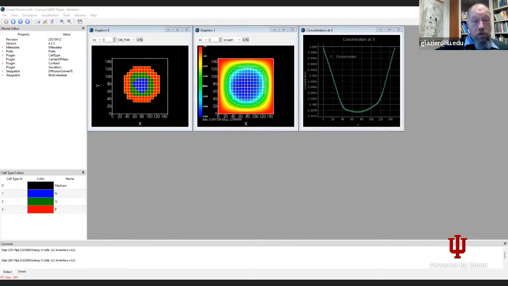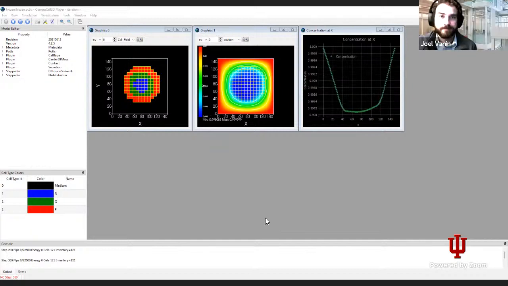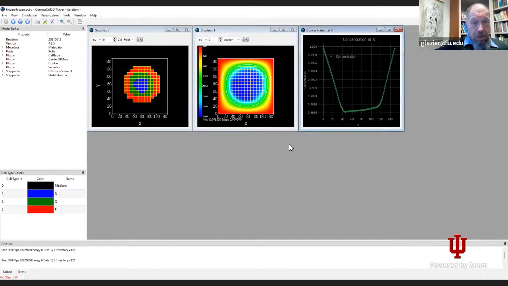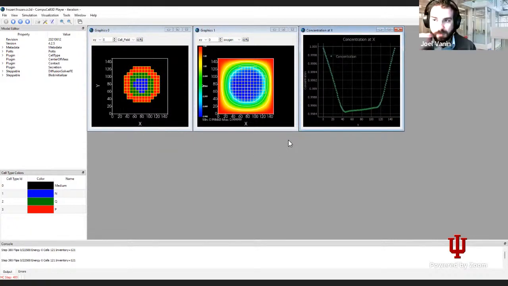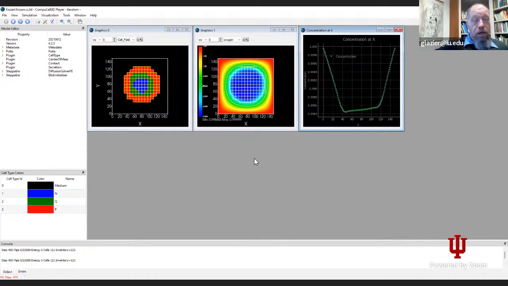No, the diffusion coefficient is the same. Oh, okay. Because the diffusion coefficient is basically that for water. It goes through the same way. Yeah, it might actually be slightly higher in the necrotic region, but not by a lot.